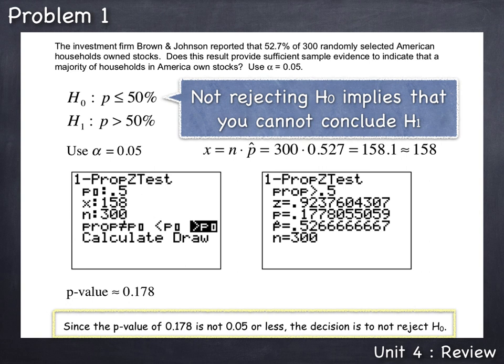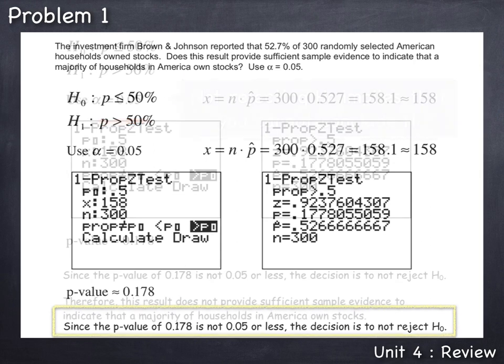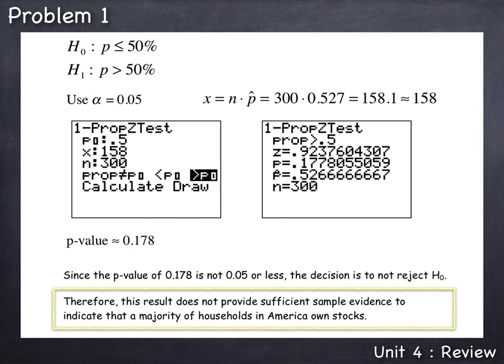So the idea represented in the alternative H1, where P is greater than 50%, is not supported by the data. So we cannot conclude that the actual population proportion P is greater than 50%, which in this case means we cannot conclude that it's a majority of households. So now we have enough information to reach our conclusion. Therefore, this result does not provide sufficient sample evidence to indicate that a majority of households in America own stocks.